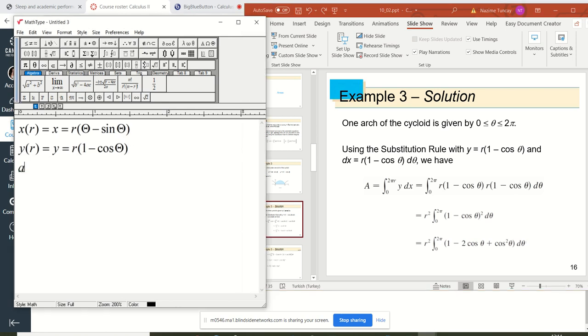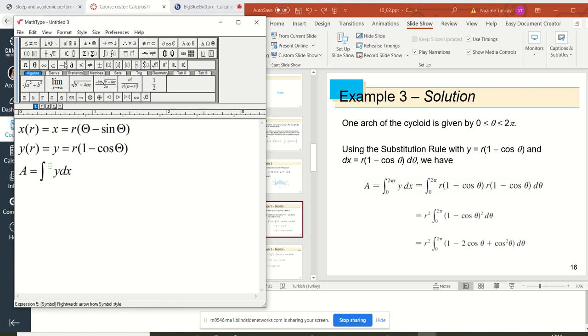So the area is always the integral of this y with respect to x. This is the formula for finding the area under all curves.